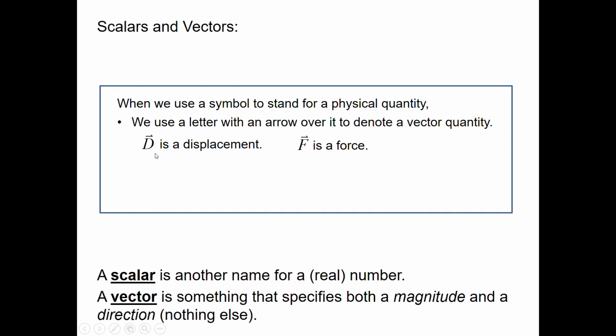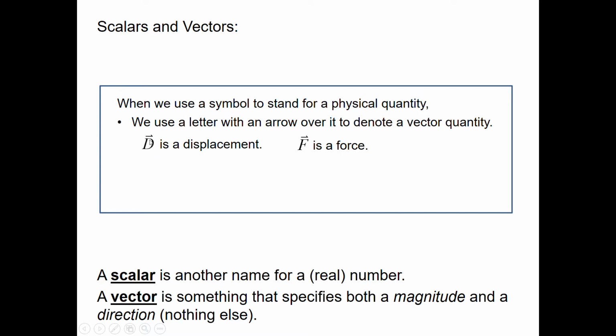So when I represent a displacement, say in 3 dimensions, by a vector, something started here and ended up over there, it has a certain direction in which it moved, I would use a symbol that describes the fact that it's a vector. I'm going to put a little arrow over the top of it.